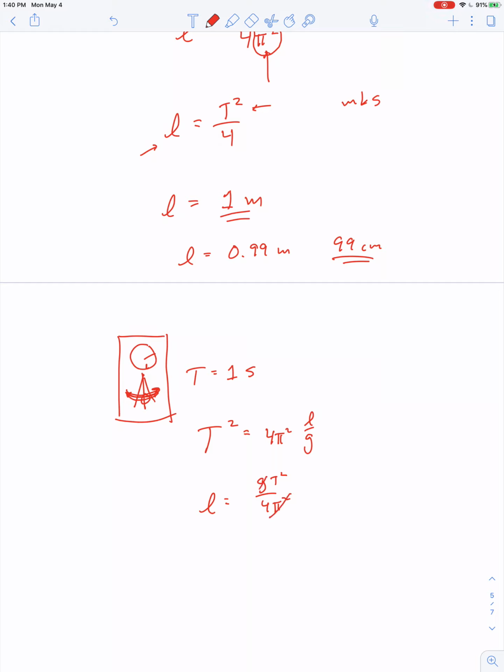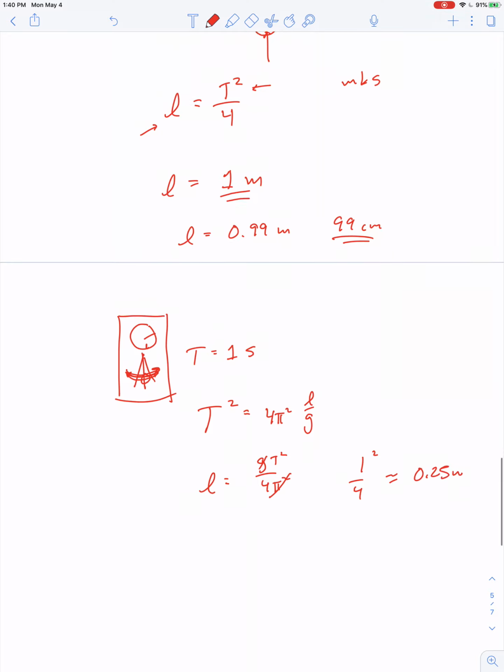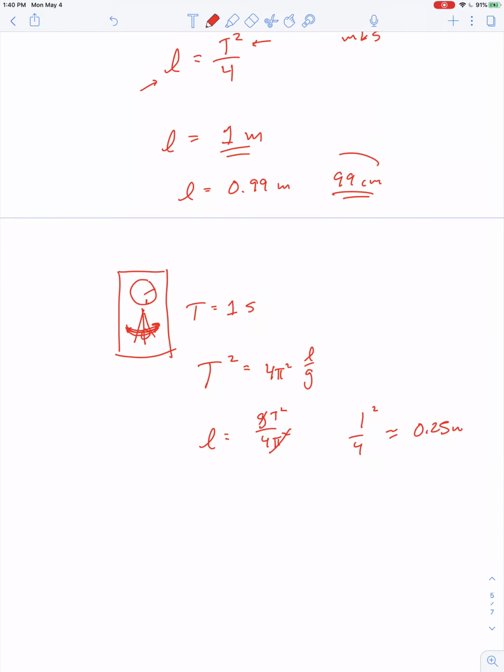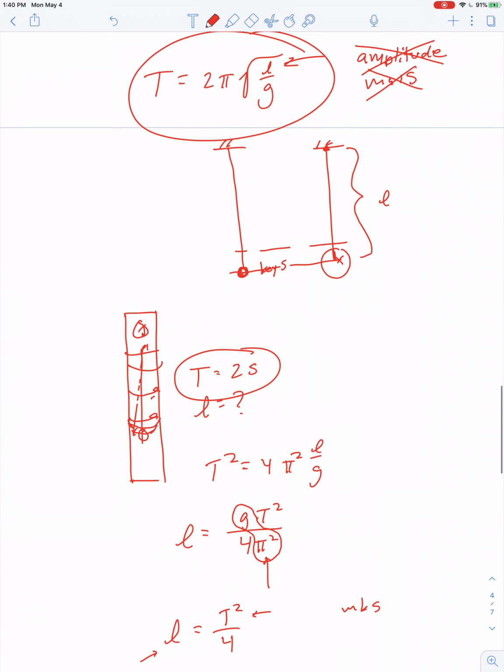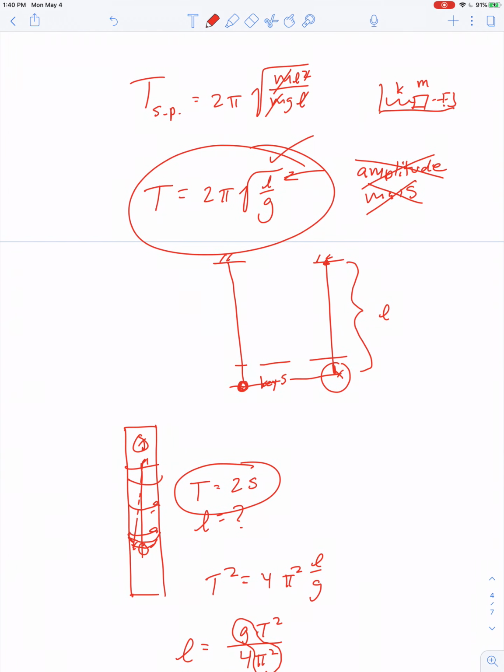The pi squared and the g cancel out, and so if we do 1 squared divided by 4, we get very nearly 0.25 meters. So the length of the cuckoo clock isn't half the length of a grandfather clock, it's a quarter the length. Well, yeah, that's because there's a square root in the equation, right? It's not a direct relationship between T and L. Period is proportional to the square root of length.